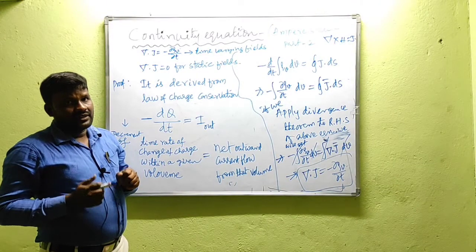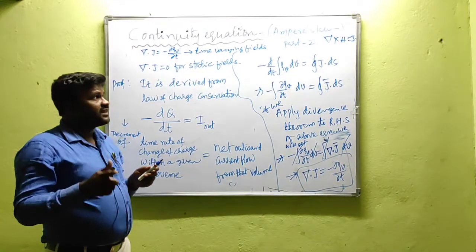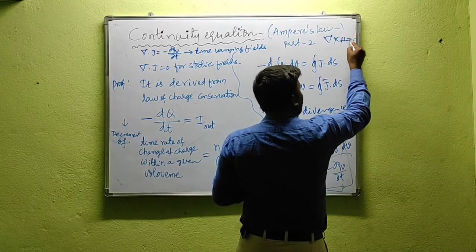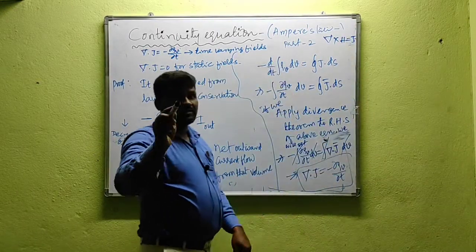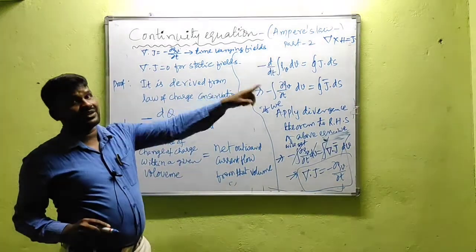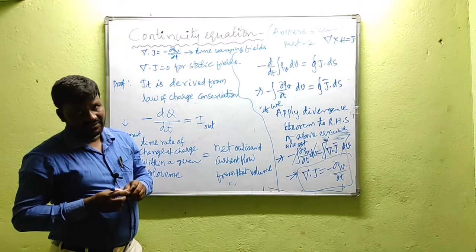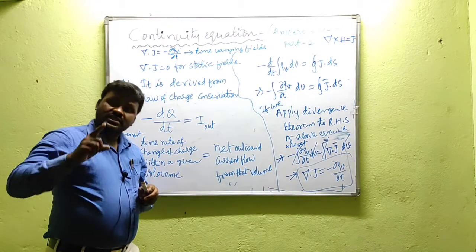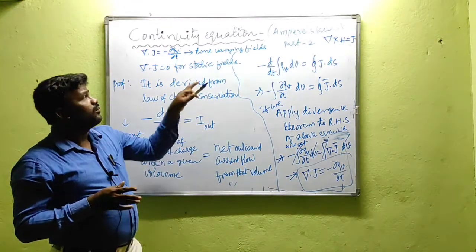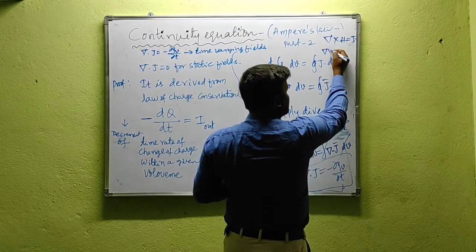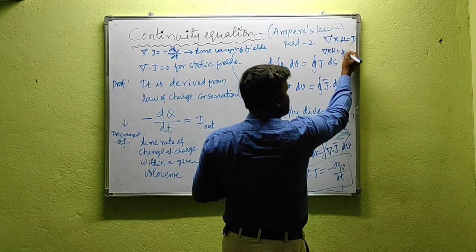In the case of static fields we have only one current, which is conduction current, whereas in the case of time varying fields, in addition to conduction current we have displacement current. So if there exists a displacement current, we need to modify del cross H equal to J as del cross H equal to J plus JD.